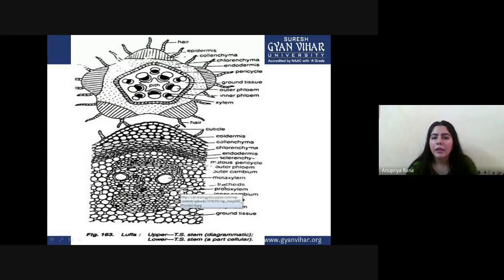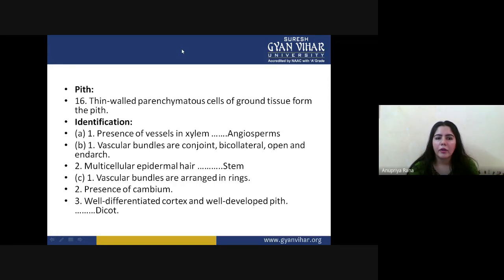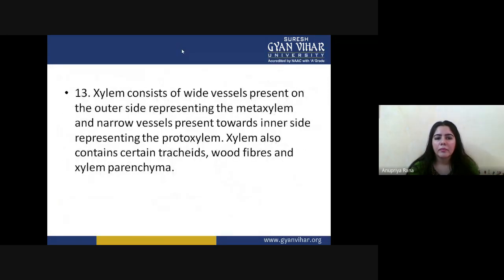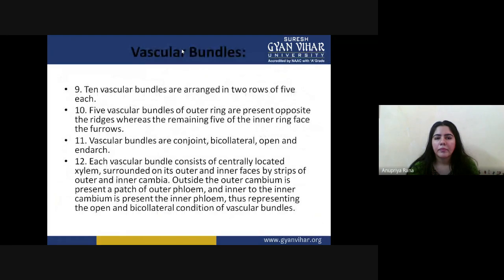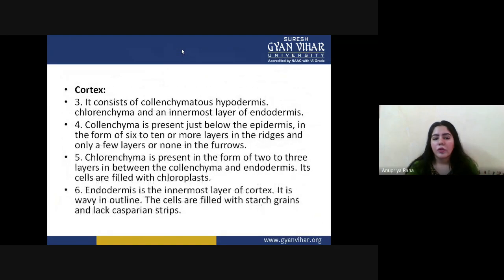You can simply answer that it is present only at the ridges region. There will be no collenchymatous hypodermis at the furrow region. This is all about the hypodermis formation. Now we will go back to the cortical parts. This fourth point is clear from the diagram.